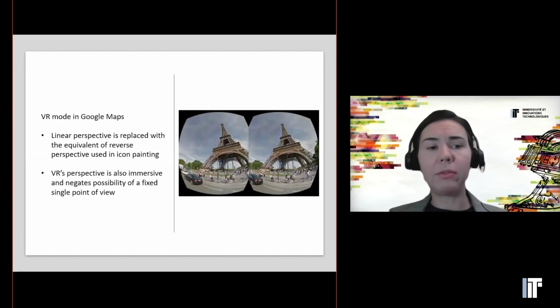Immersive perspective in VR relies on stereoscopy, the perceptually infinite space of the scene, and the ability to interact and move around the virtual world freely, resulting in a decentralized experience that negates the possibility of a single point of view.